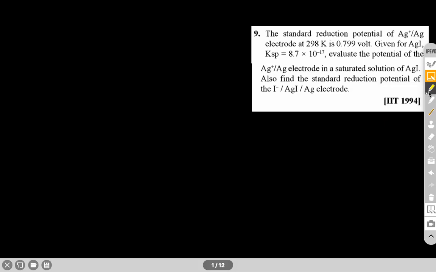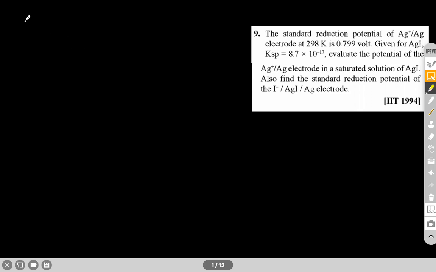So you see the electrode potential of Ag+ to Ag is given, that is 0.799. AgI KSP value is given. So when we have this saturated solution of AgI, what are the half cell reactions? We have Ag electrode and AgI saturated in the solution.